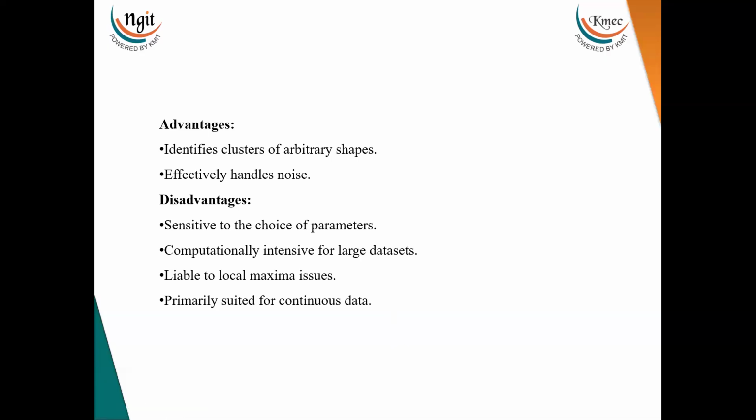And as it involves density functions, if you choose a larger data set, the computation may be complex. Sometimes it is also liable to various local maxima issues. And primarily it is suited for continuous data. So this is about density based clustering algorithms. Thank you.